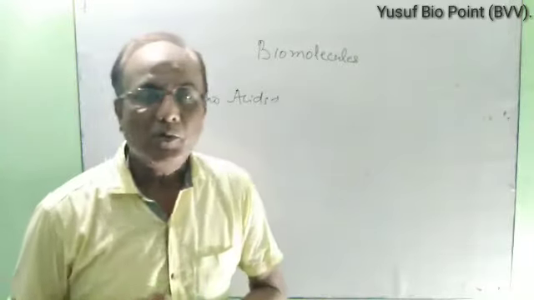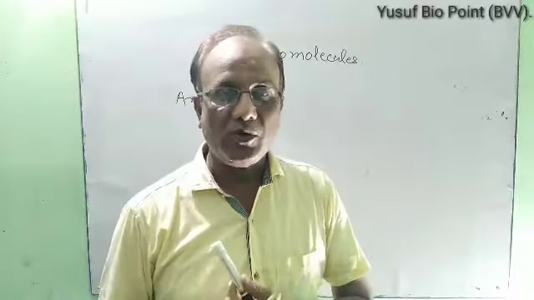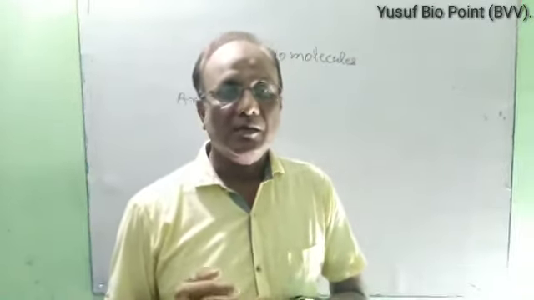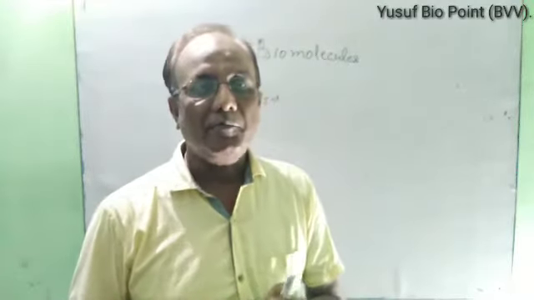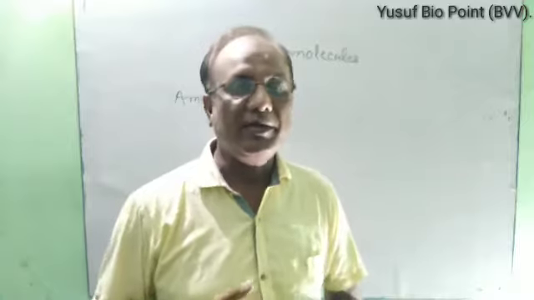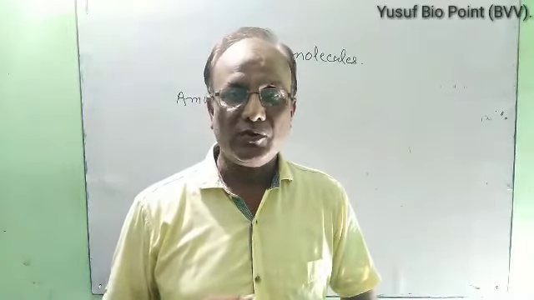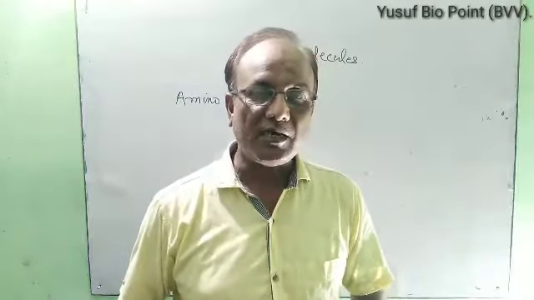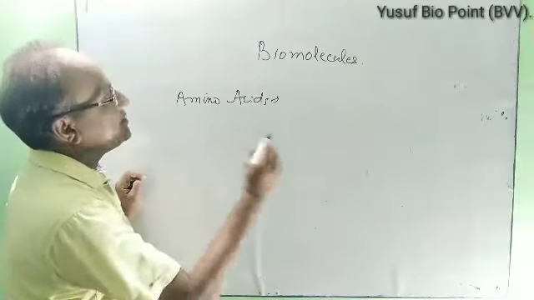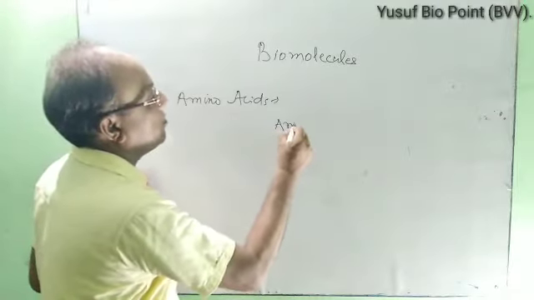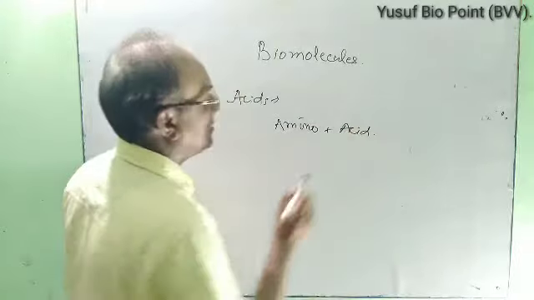You know that protein is composed of amino acids, and amino acids are of many types, but the protein which we get is made up of 20 amino acids. Understand? Now what is an amino acid? It contains two groups: amino plus acid.